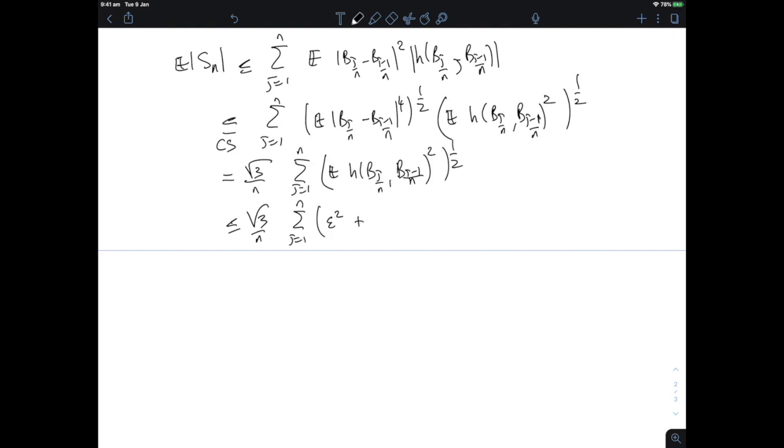And then I have the set, so let's rewrite it as an integral. I have the integral on the set where B_{j/n} minus B_{(j-1)/n} is greater than delta, and then I'm integrating h of B_{j/n}(omega), B_{(j-1)/n}(omega) squared on that set. And then this is raised to the power 1/2. I forgot the power 1/2, so I should keep it as epsilon squared, and the 1/2 is outside here.